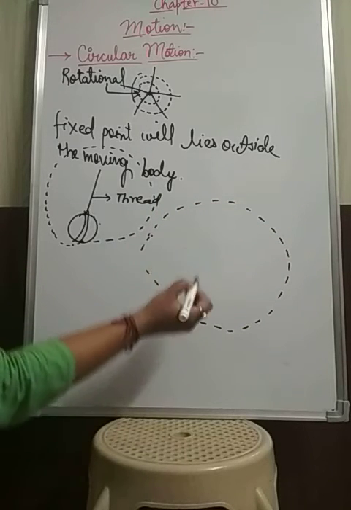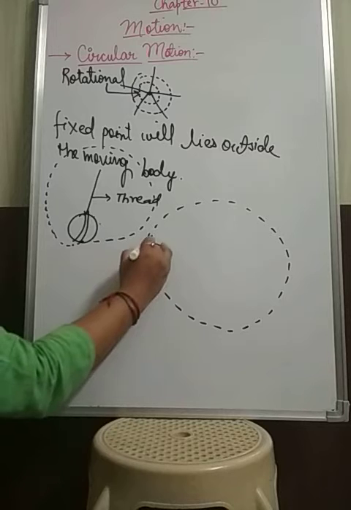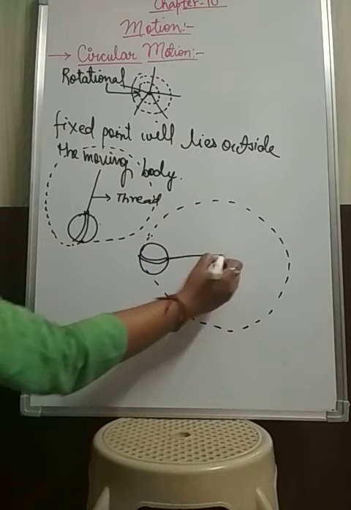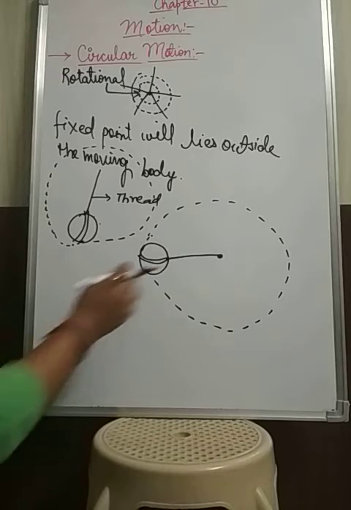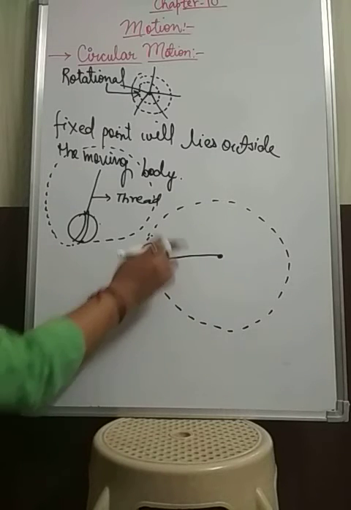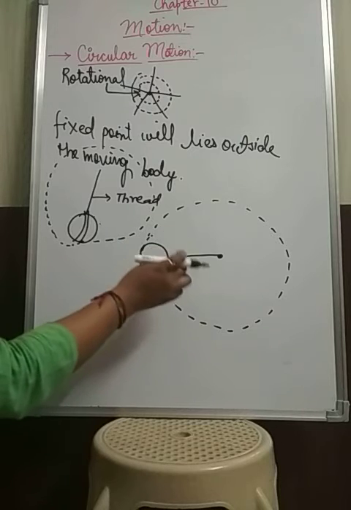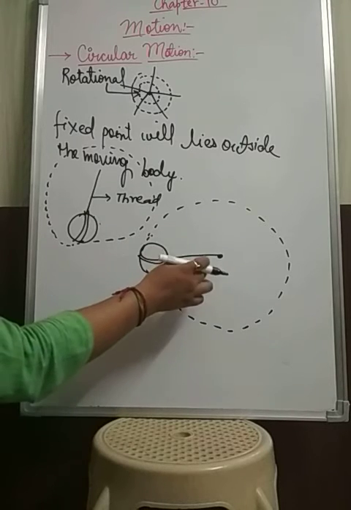Likewise, suppose this is the ball and the ball is tied to a string, and that will form the center position. So the ball is over here, the moving body is here, and there is the point around which this moving body is moving.